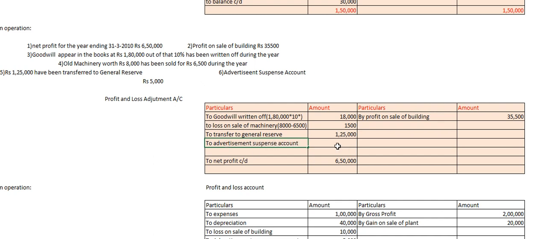So your amount is 5,000. So your total, you get 7,99,500. So you have a credit balance. So 7,99,500 minus 35,500 is 7,64,000, which is nothing but by funds from operation.